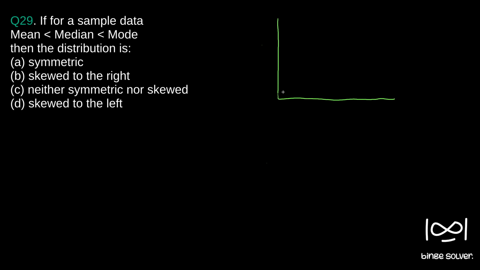There are three possible shapes. One appears like a bell curve, something like this. It could appear like this. This is a proper symmetric distribution. A symmetric distribution is one where we can draw a vertical line that splits all the data.